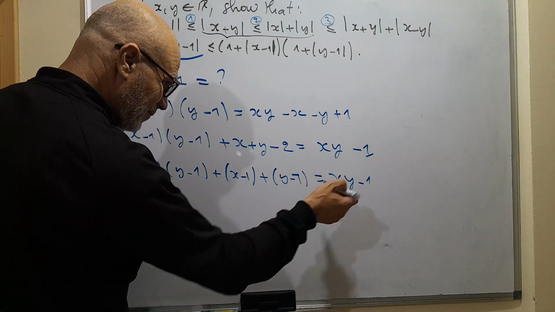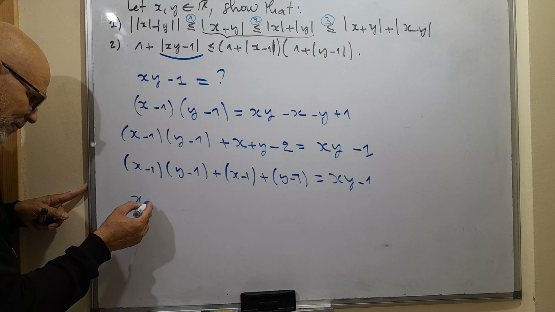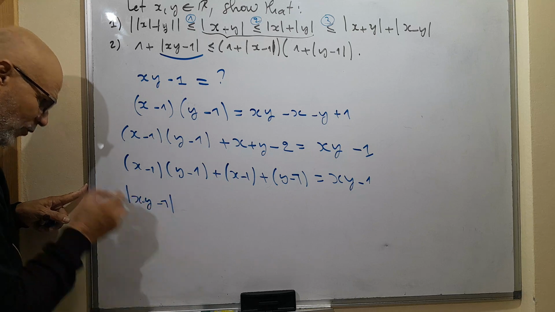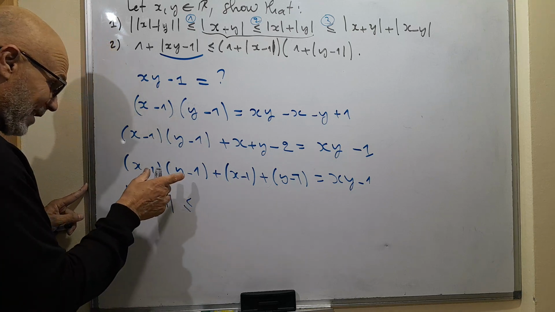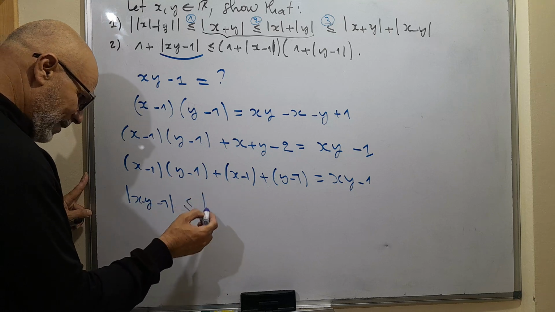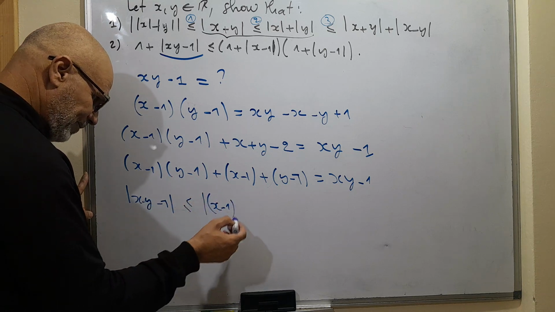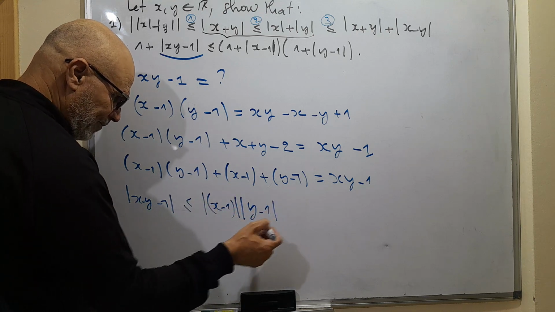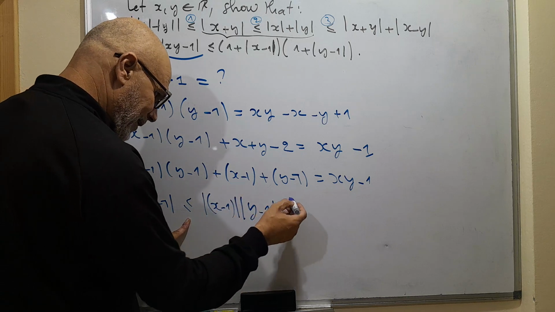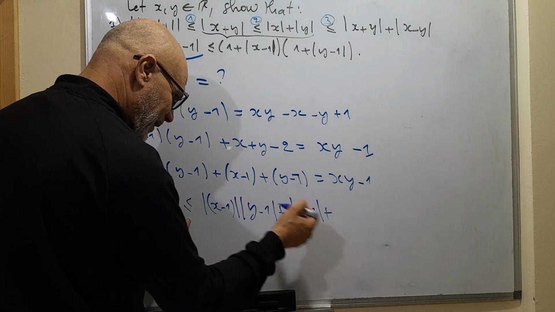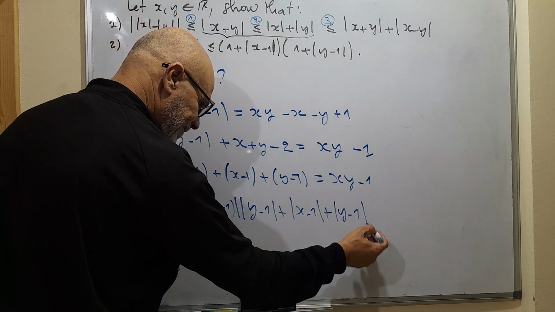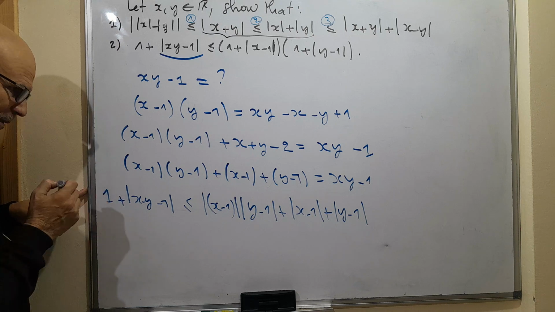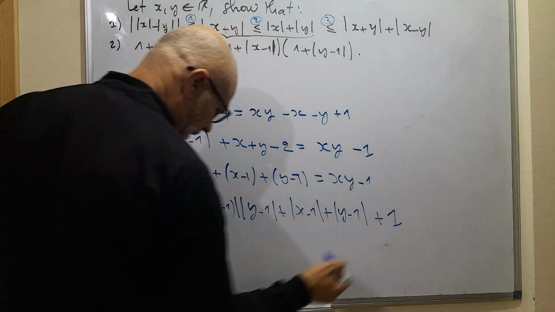If we take the absolute value of this, xy minus 1, this will be less than or equal to this one, x minus 1 times y minus 1, which is exactly this one. Triangle inequality for x minus 1, triangle inequality for y minus 1. We have plus 1 here, so I add 1 plus and 1 plus.